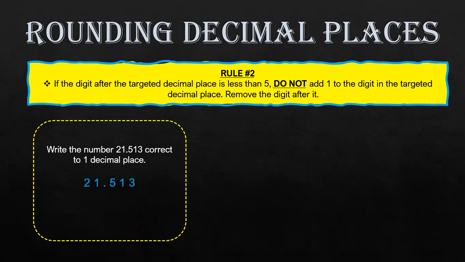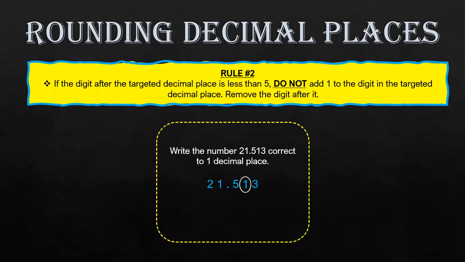If we identify the digit that is in the targeted decimal place, it's 5, which is in the first decimal place. What comes after the 5 is 1. Notice 1 is less than 5, so we're not adding anything. All we're going to do is remove those digits that come after the targeted decimal place. And so written to 1 decimal place, 21.513 becomes 21.5.